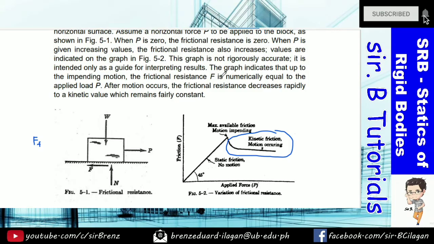So, the graph indicates that up to the impending motion, the frictional resistance F is numerically equal to the applied force P. But after motion occurs, the frictional resistance decreases rapidly to a kinetic value which remains fairly constant. So, yung frictional resistance mo will drop or will decrease rapidly.